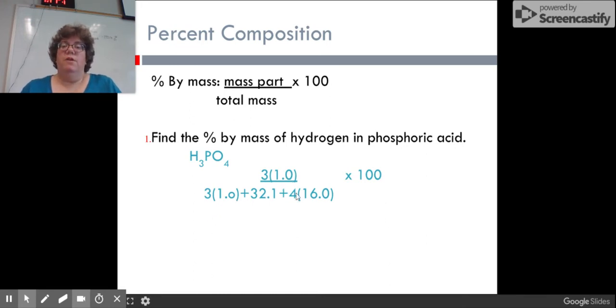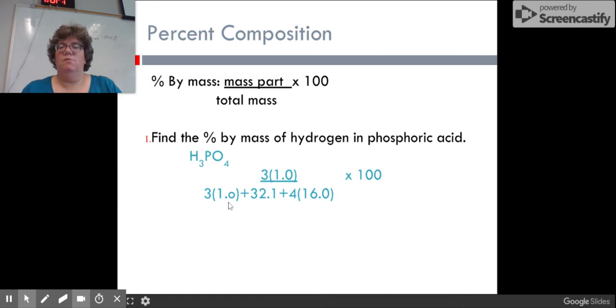These numbers right here come from the periodic table. So we are finding the molar mass of first hydrogen, because that's the part that I'm looking for. The molar mass of hydrogen is 1, and there are 3 of them. See, H3, 3 times 1. Then this is the mass of the whole thing. So the hydrogen, the phosphorus, and the oxygen.